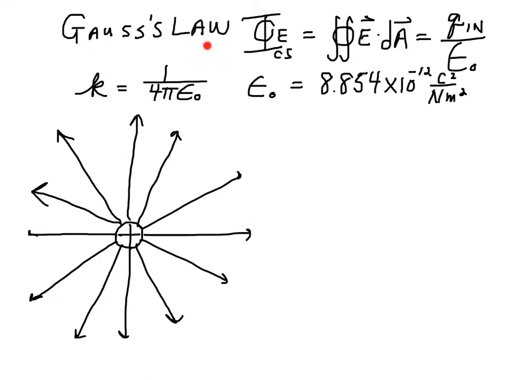Gauss's law, understand the difference. Gauss's law is a relationship between flux and the charge inside. And Gauss's law applies only to closed surfaces. So you see this CS? Gauss's law is something that's applied to closed surfaces.